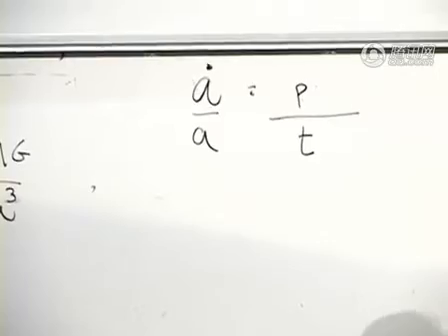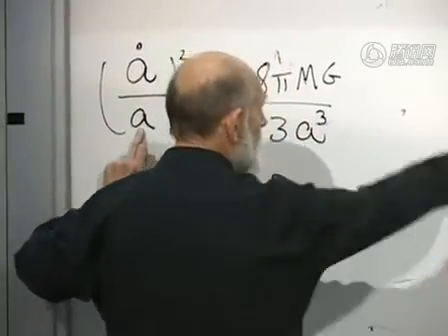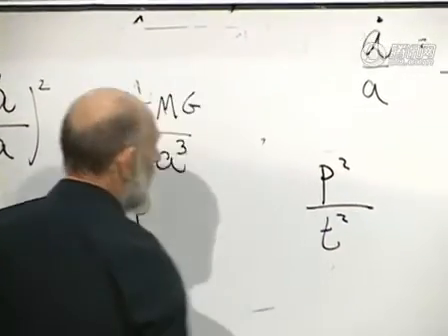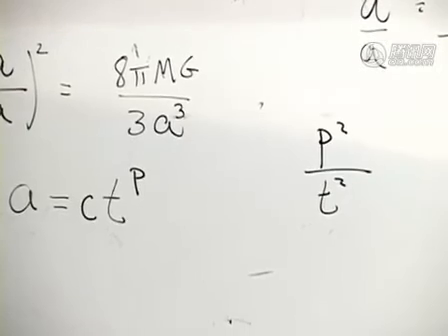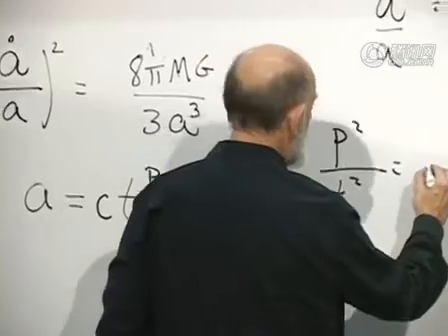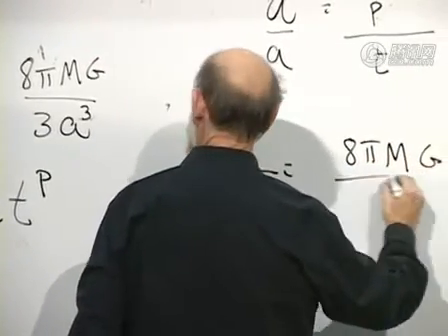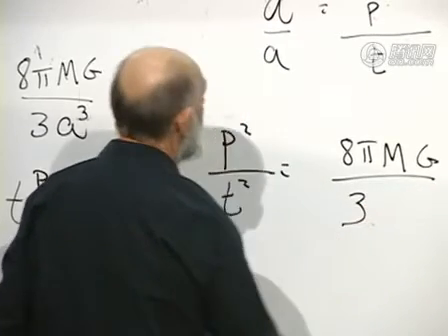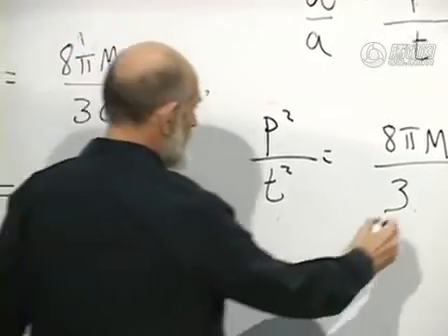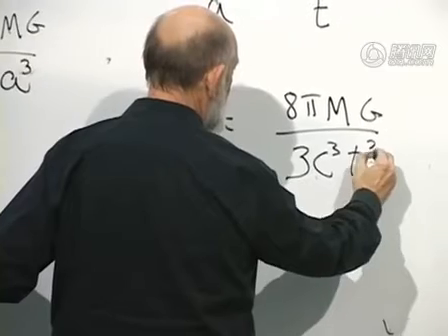Okay, let's write down the equation now. A dot over A squared, that's P squared over T squared, right? P squared over T squared on the left side of the equation equals 8 pi mg divided by 3, and now C cubed T to the 3P.